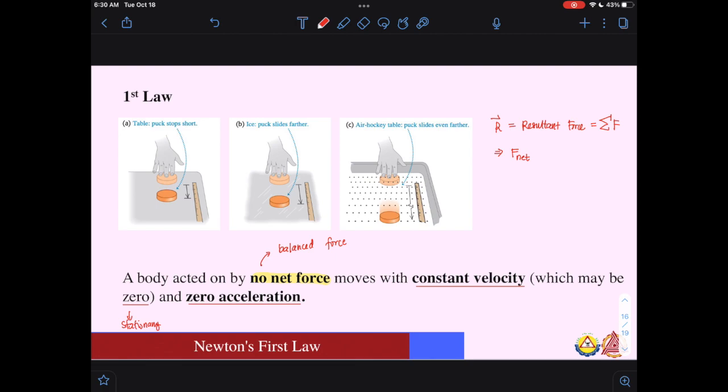Now, in this case, if I write the first law, the sum of F net is equal to 0. Just try to understand that the resultant vector, in this case the resultant force, is sometimes represented as the sum of F or simply F net. So they mean the same thing, just to avoid confusion on the use of these terms in physics.